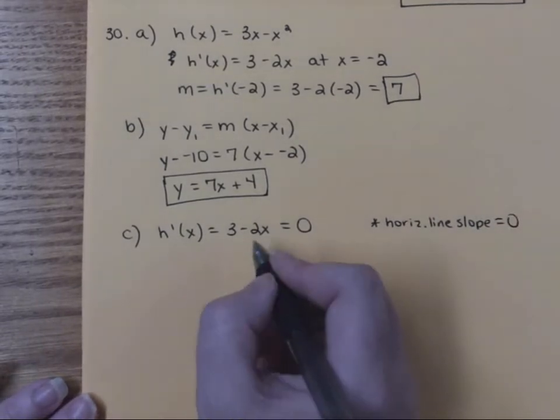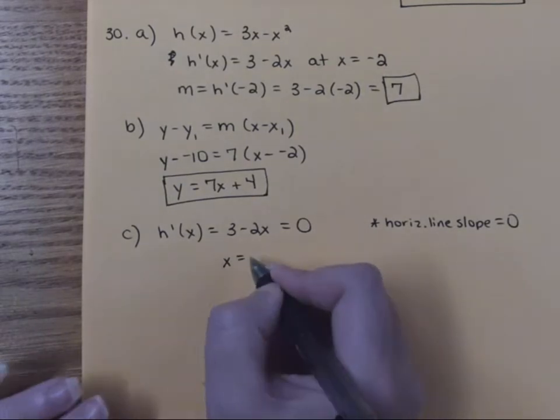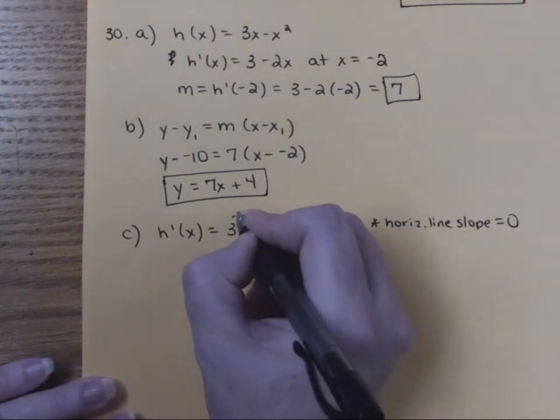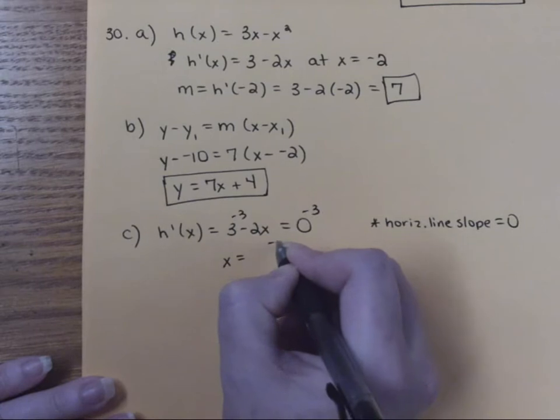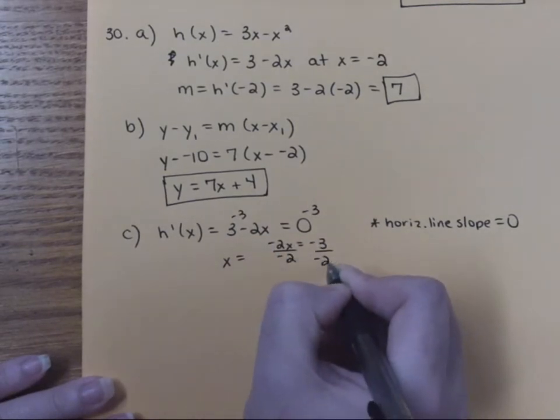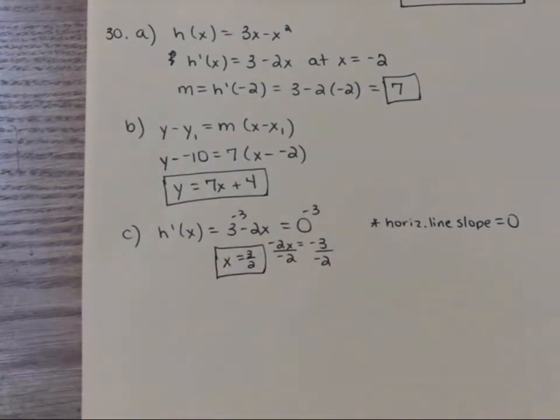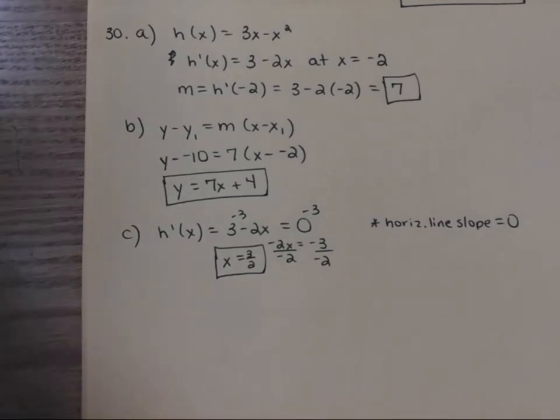And then we just solve from there, move the 3 over and all that good stuff. So if we subtract 3 from both sides, we have negative 2x equals negative 3, and then divide both sides by negative 2, we'll just get x equals 3/2. Okay, so at x equals 3/2, the tangent line is horizontal. That's what we can say for sure.